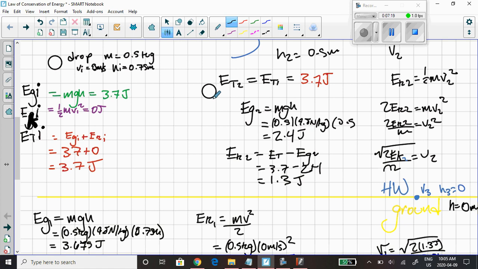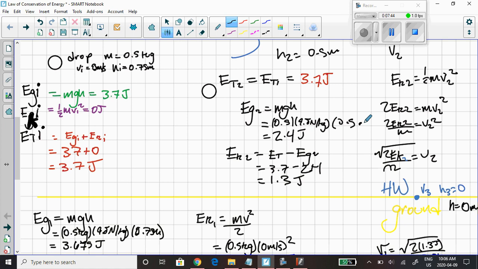What we can now do is calculate the gravitational potential energy at this point. It's no longer 0.75 meters in the air. It is 0.5 meters in the air. So I can actually calculate the gravitational potential energy of this object at the 0.5 meter spot.